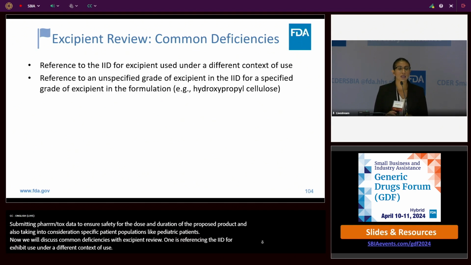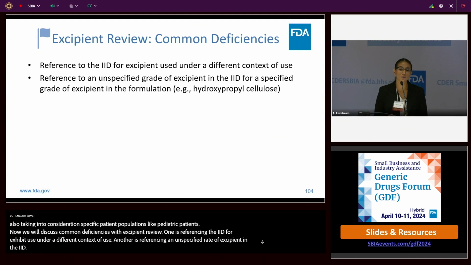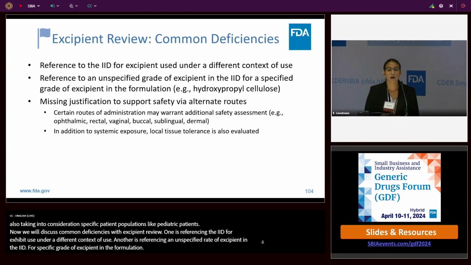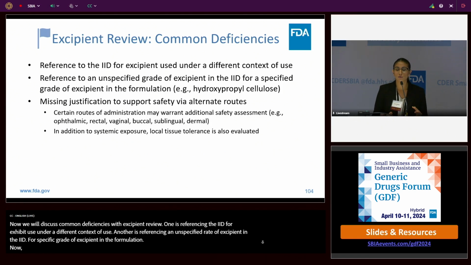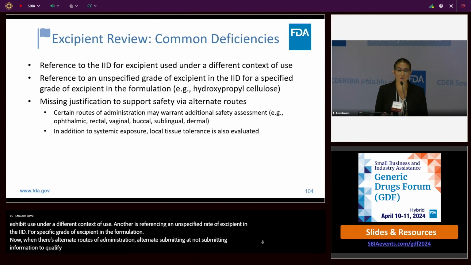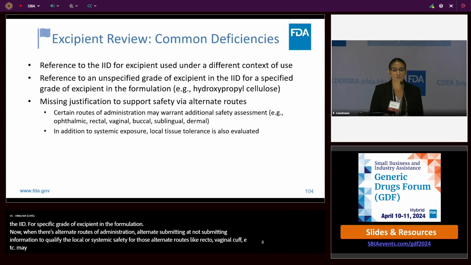Another is referencing an unspecified grade of an excipient in the IID for a specified grade of an excipient in the formulation. In such cases, a bridging approach may be used with similar grades of an excipient. Now, when there are alternate routes of administration, not submitting information to qualify the local or systemic safety for those alternate routes like ophthalmic, rectal, buccal, sublingual, dermal, etc., may lead to deficiencies.